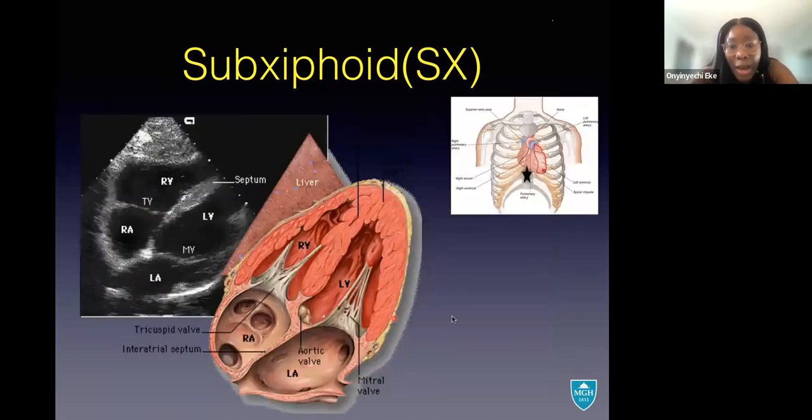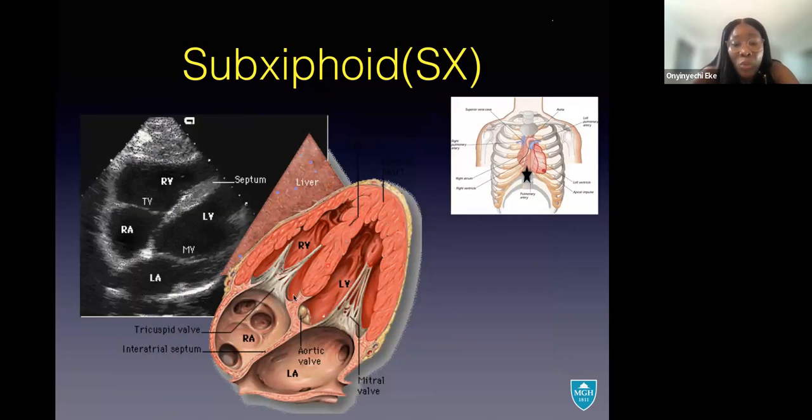Again, this is our map here, tells us where we are. This is the subxiphoid area. This is our anatomical view. We see in that subxiphoid view, the liver is the first thing that you're going to see. The liver serves as an acoustic window for you to appreciate the heart. So the first thing you're going to hit is going to be the liver.